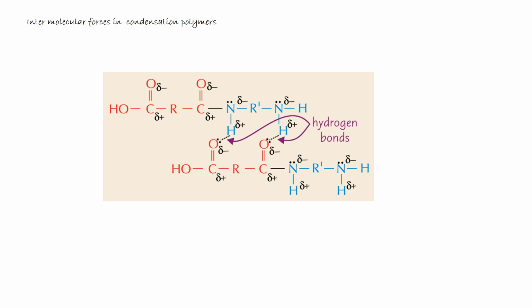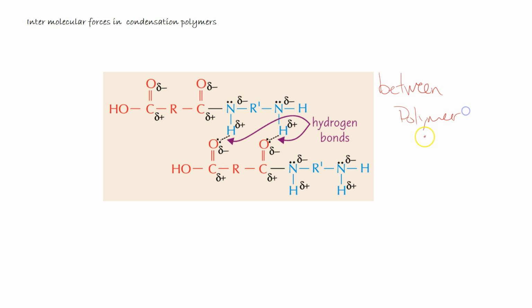Polyamides, as well as polyesters, have the situation where there is a lone pair of electrons on the oxygen and the hydrogen, and also a lone pair of electrons on the nitrogen, and these can interact and form strong hydrogen bonds between the polymer strands.